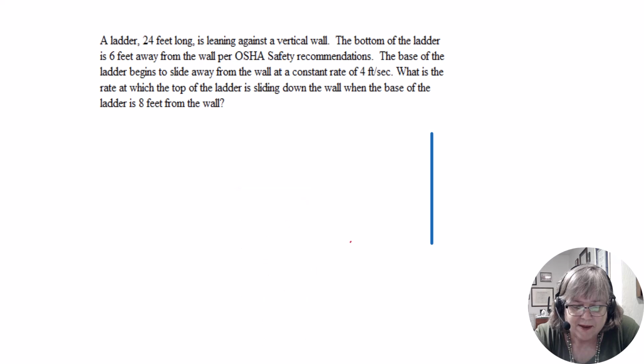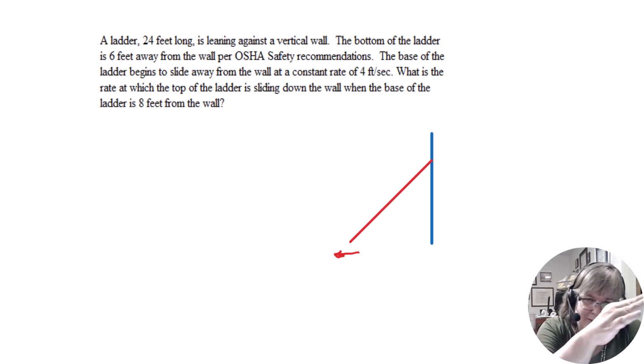So let's say it's leaning like this, right? And this part starts sliding away from the wall, sliding along the ground. This is not drawn to scale. And as it draws that part away, the top is going to slide down.